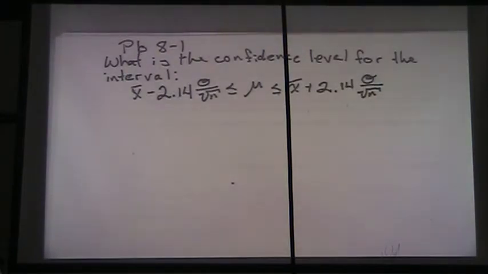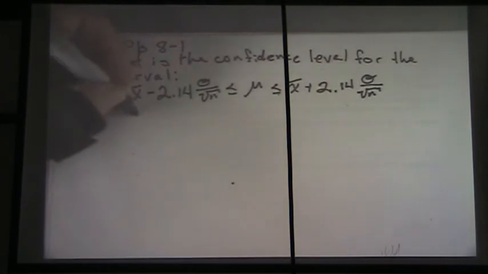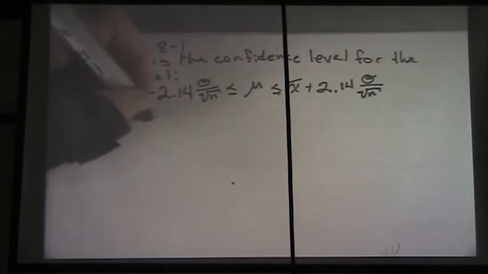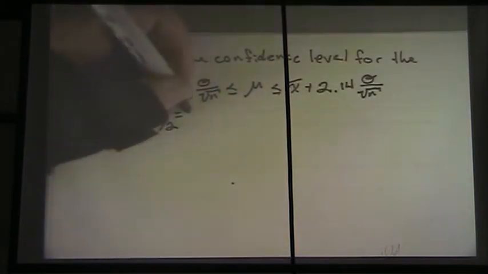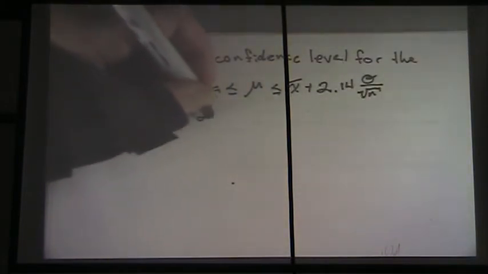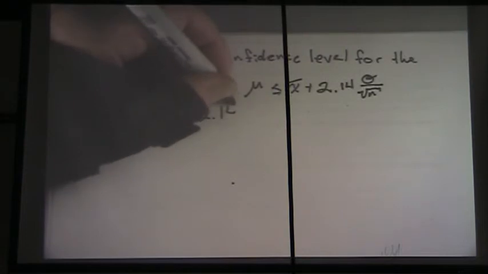All right, so this is exactly like the problems that we've been solving, but a little bit inside out. So we can see that negative z alpha divided by 2 equals negative 2.14.